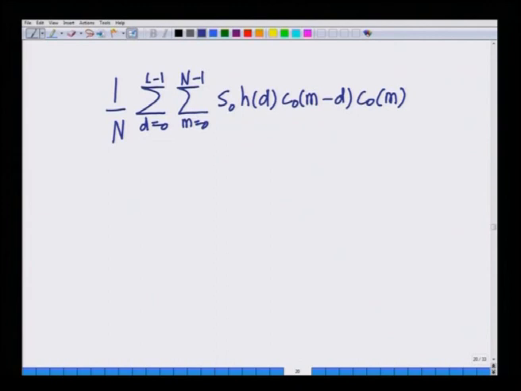Remember, this has a summation over the L paths, that is 0 to L minus 1 interfering symbols, and a summation over the chips m equals 0 to n minus 1.